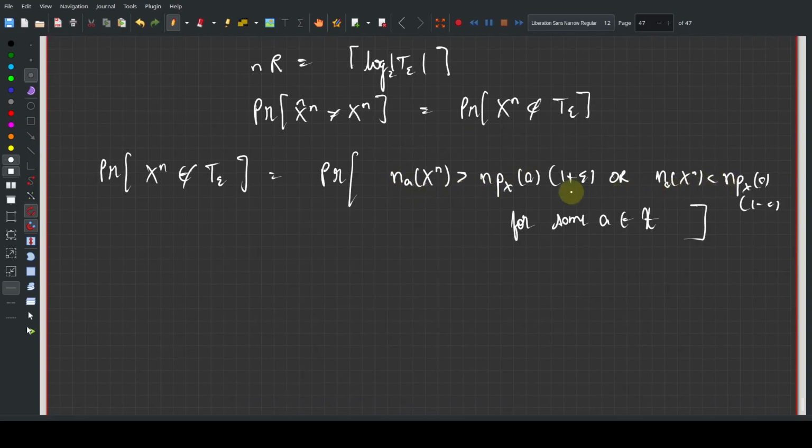But then what kind of a variable is N_a of x^n? It's the number of times a particular symbol a occurs in x^n. You are counting the number of times, let's say 0 occurs in x^n. So the number of times is binomial, or can you write it as a sum of random variables?